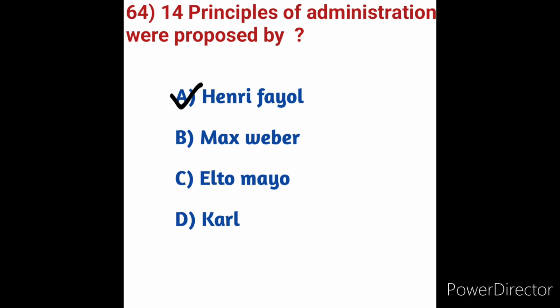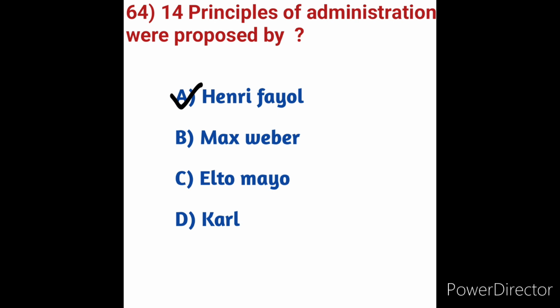These all are the 14 principles of administration proposed by Henry Fayol. Option A is the correct answer here.